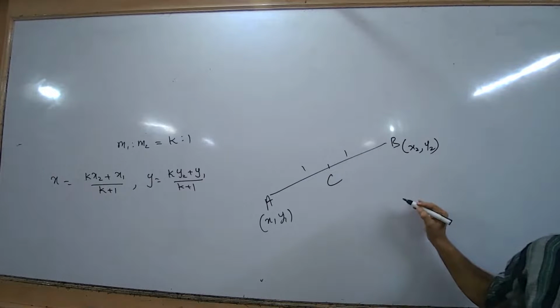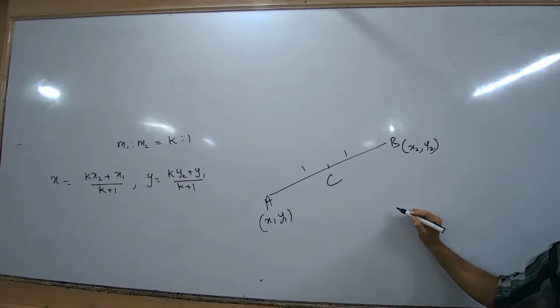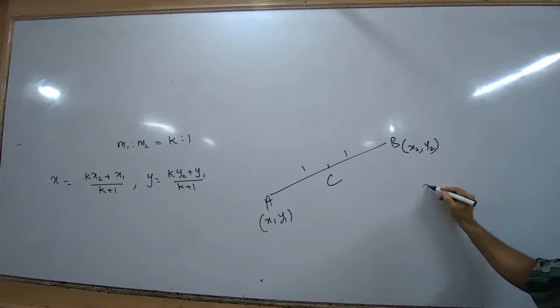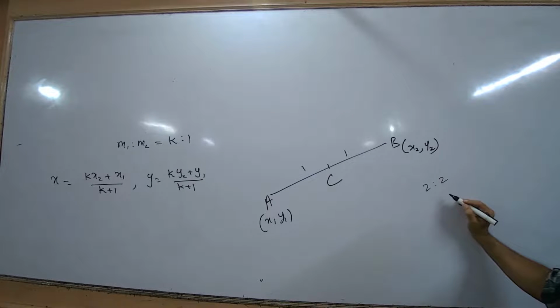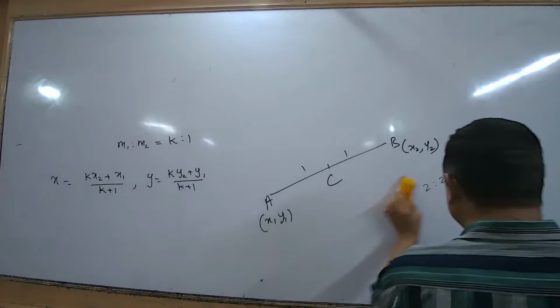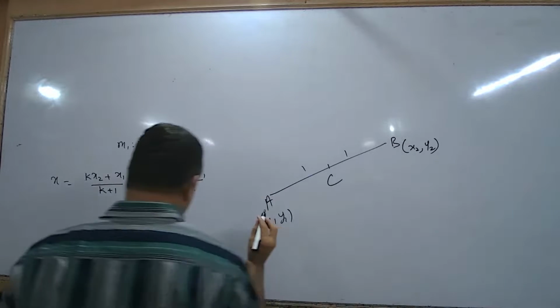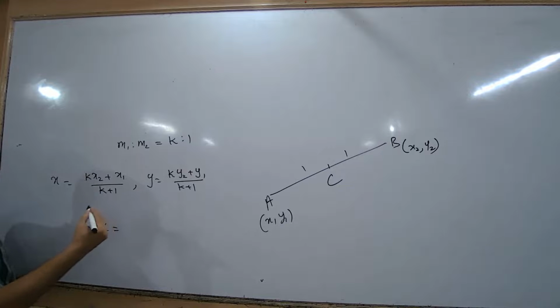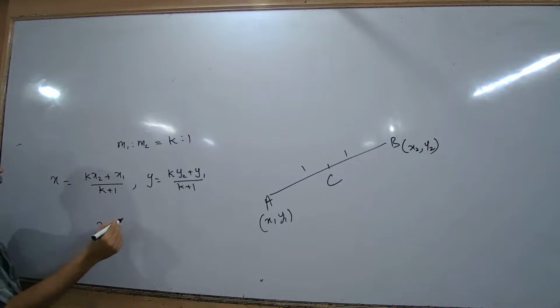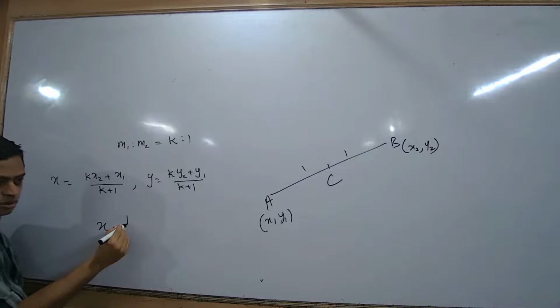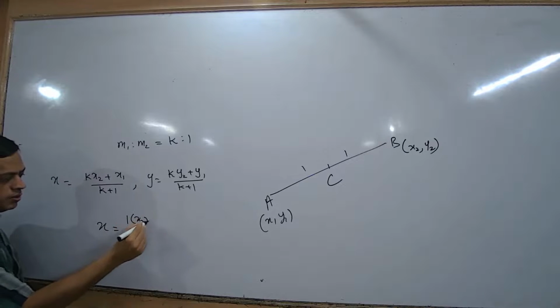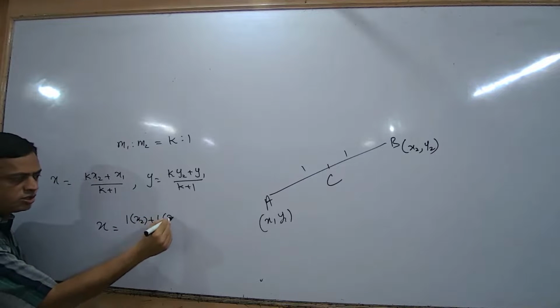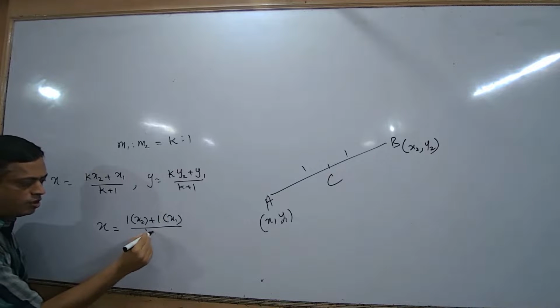When m1 and m2 are equal, 2 is to 2 can be written as 1 is to 1. So if the ratio is 1 is to 1, our formula will be: x is equal to 1 times x2 plus 1 times x1 divided by 1 plus 1, that is, m1 times x2 plus m2 times x1 divided by m1 plus m2.